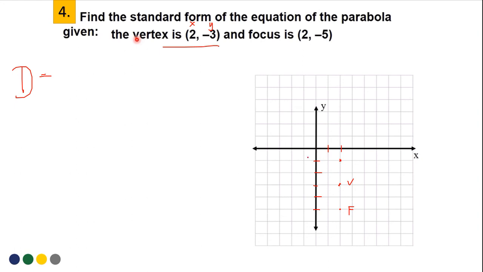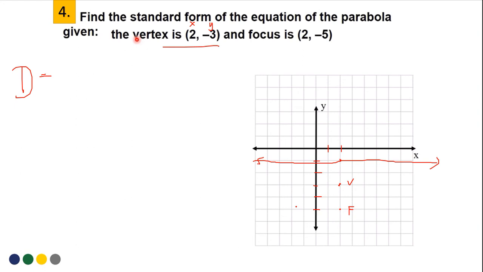And what is the opening of the graph? Oh, nandyan na yung directrix nyo. Pag yan, hindi nyo pa alam yung kanyang opening, babatukan ko na kayo ha. Ano yung opening? Is it downward or upward?